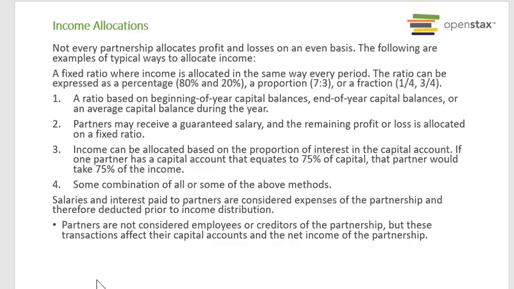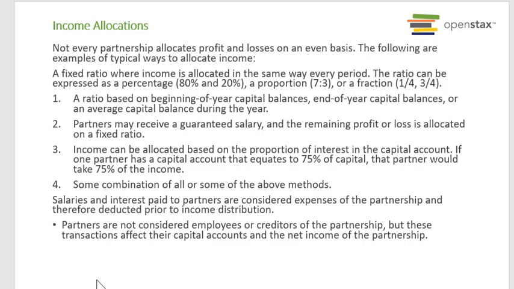So for income allocations, not every partnership allocates profits and losses evenly. The following are examples of ways to typically allocate income. 1, a fixed ratio where income is allocated in the same way every period. The ratio can be expressed as a percentage, 80%, 20%, a proportion, 7-3, or a fraction, 1/4, 3/4.